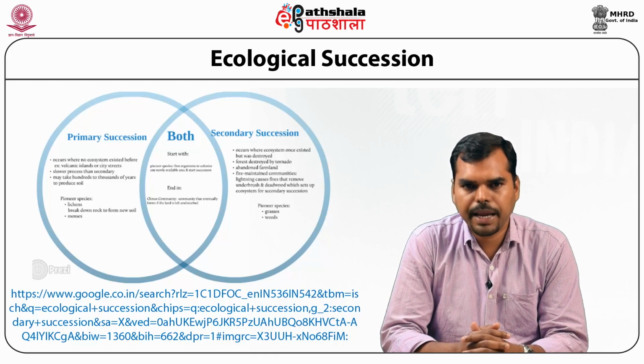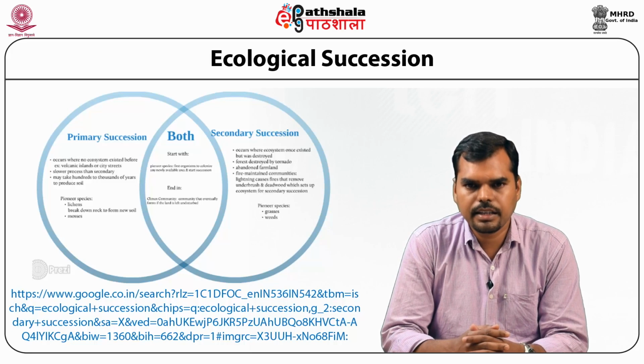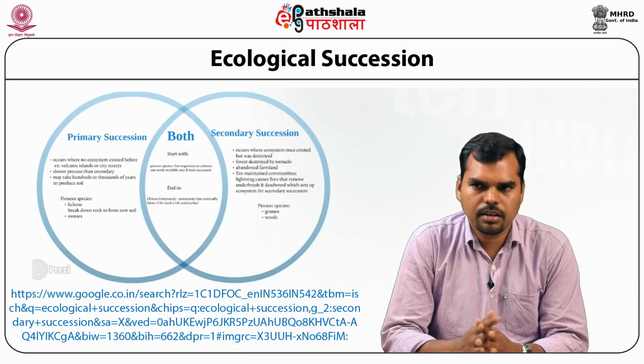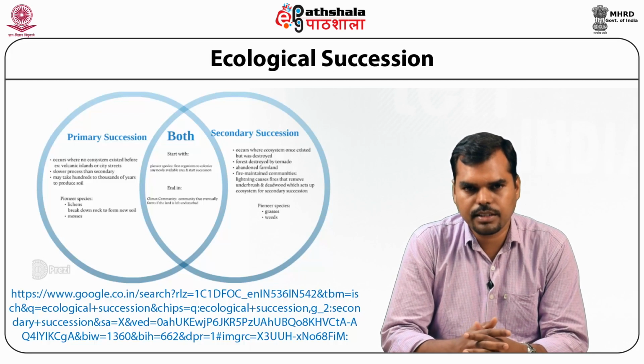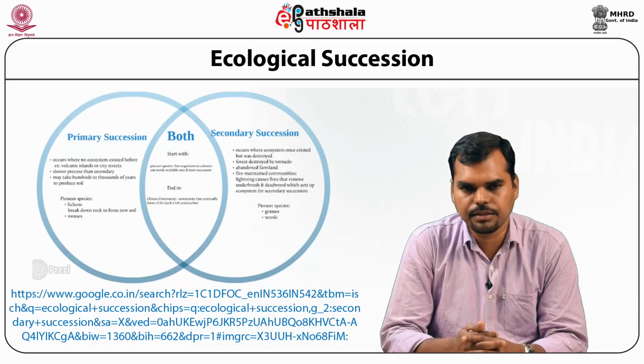So both primary and secondary ecological succession are very important to balance or to tolerate unfavorable environmental conditions. The main examples in this case are lichens, or formation of soil from the rock system, that is primary succession.